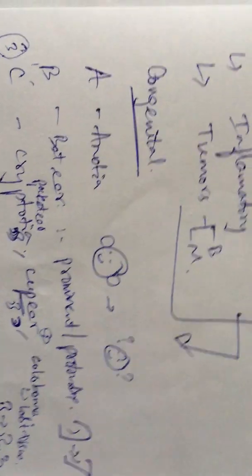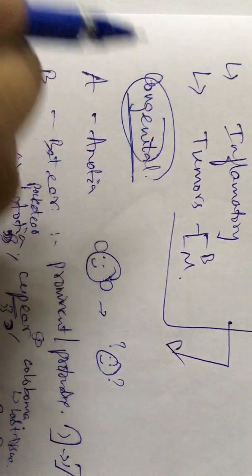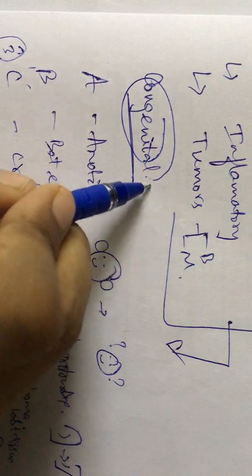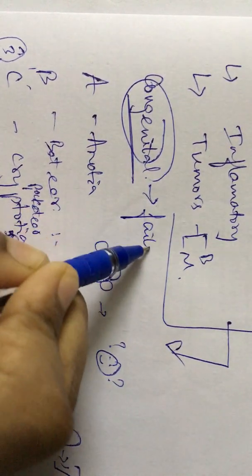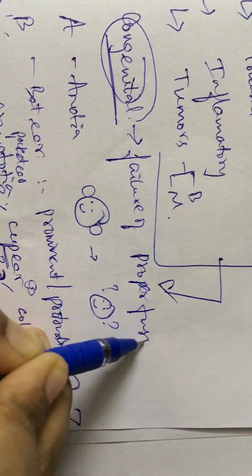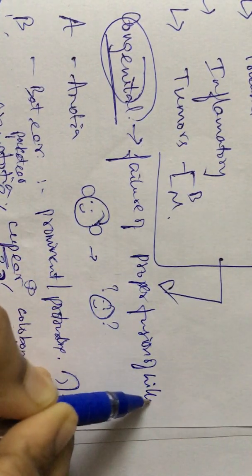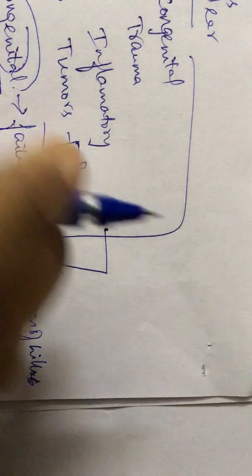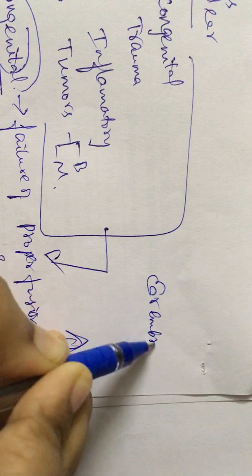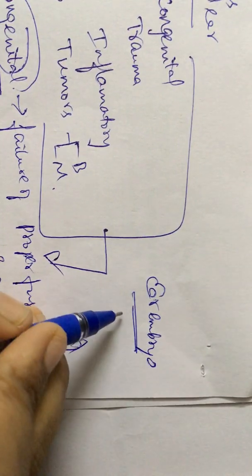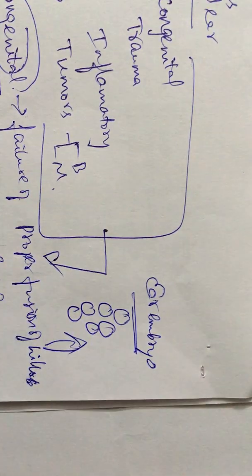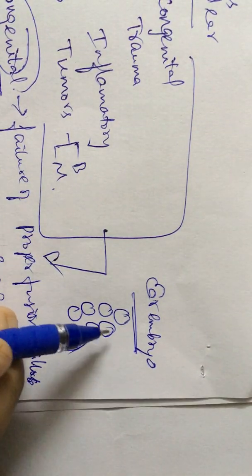Well, all these congenital anomalies as a whole are going to occur only as a result of one thing, that is failure of proper fusion of hillocks. Hillock is basically an embryological term in relation to the ear. Our ear itself will develop from a set of 6 circles like this.